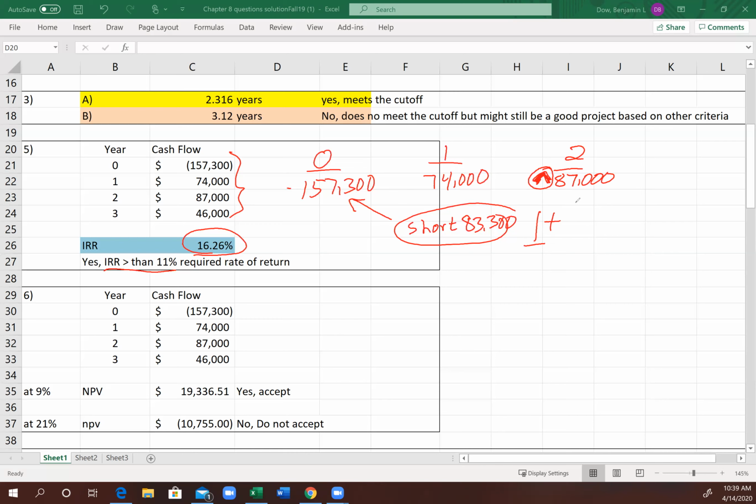It's going to be 1 year plus the amount that we're short relative to the amount that we receive in year 2. So the payback is really 1.96 years.